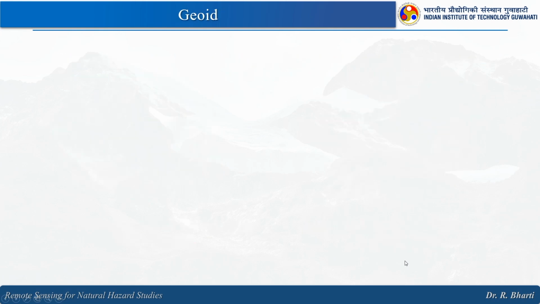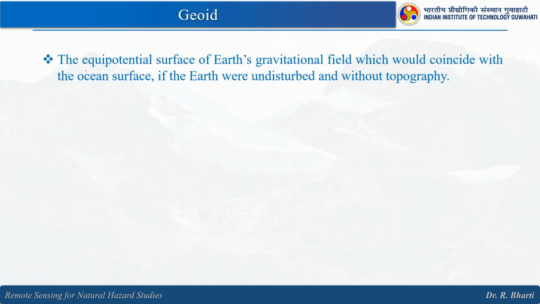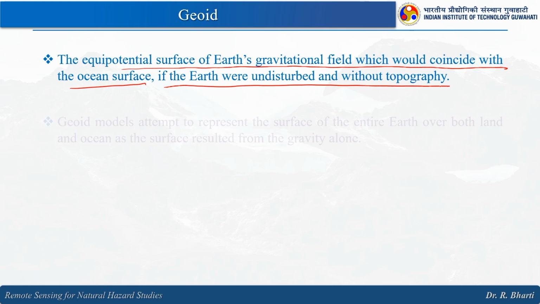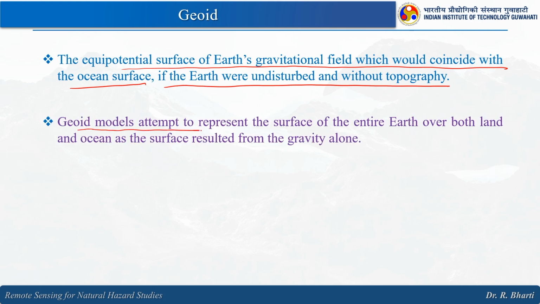So, then comes the geoid. It is the equipotential surface of Earth's gravitational field, which would coincide with the ocean surface if the Earth were undisturbed and without topography. The geoid model attempts to represent the surface of the entire Earth over both land and ocean as the surface resulting from gravity alone.